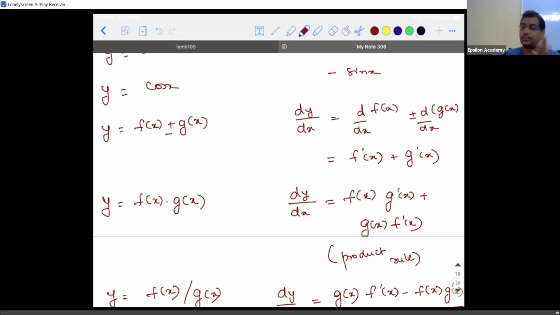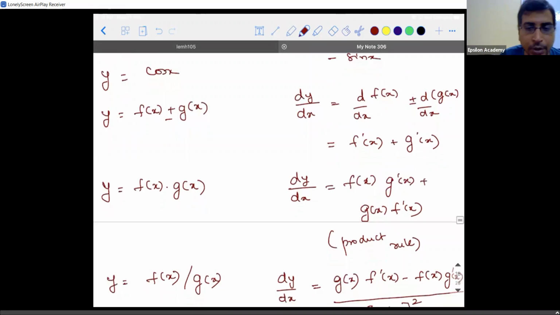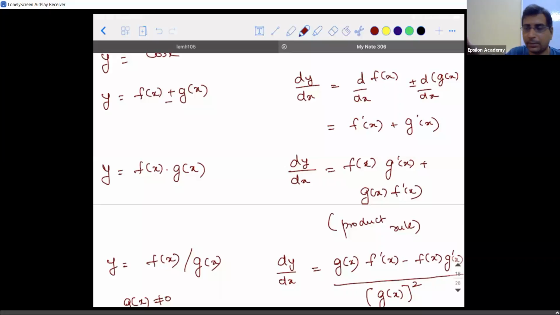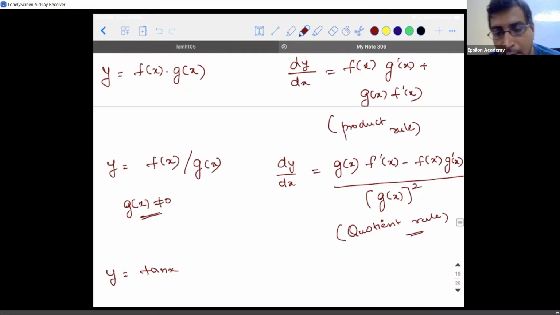Why don't you take a screenshot? Just take a screenshot and you can copy it later, because there are many more important points I need to discuss. Sir, scroll a little bit down. You can write that part later.